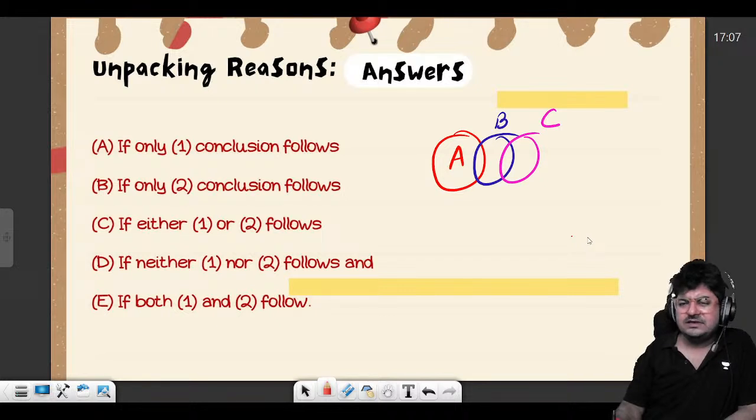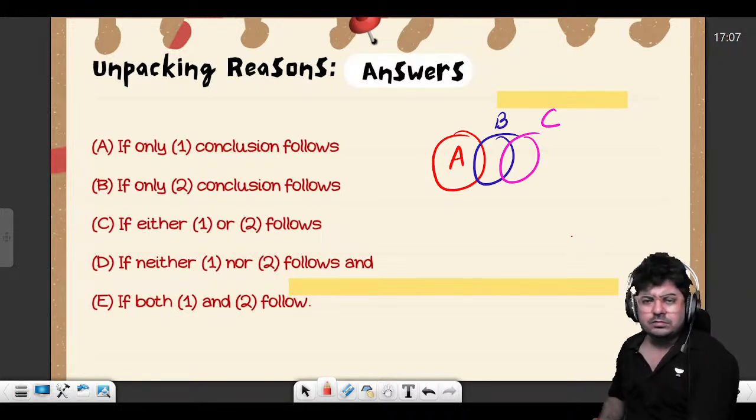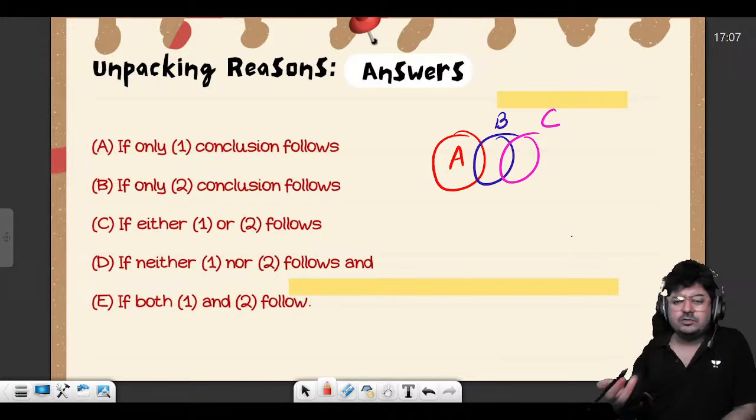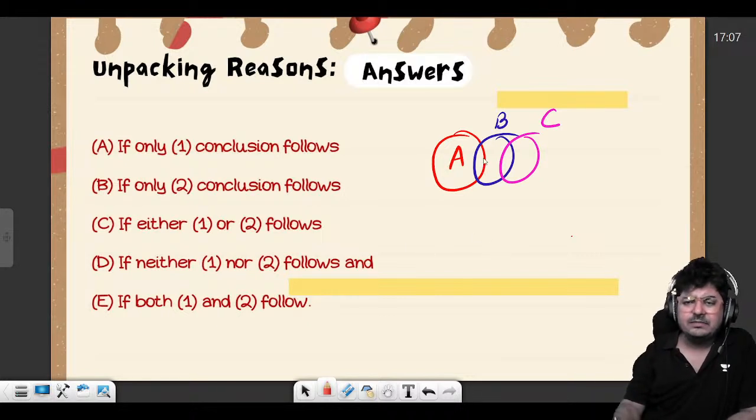Simple. This is the simplest way. If you will not go in deep thinking, this is a simple thing. Some A is part of B, some B is part of C. That's it.